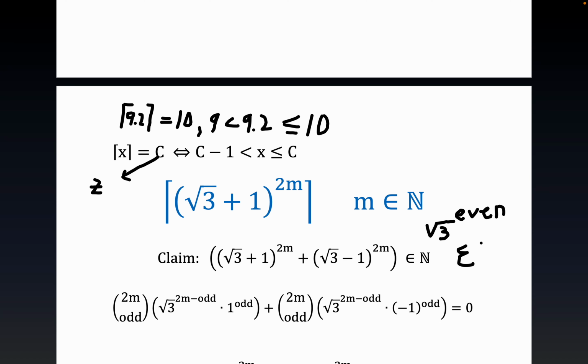All right, so you see that's why this entire expression sums up to some natural number, because all of the odd terms cancel out to give you 0, and all of the even terms are natural numbers. And then, of course, the binomial coefficients are natural numbers, okay? So this is a big result.